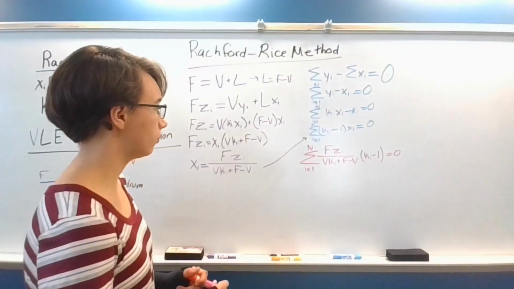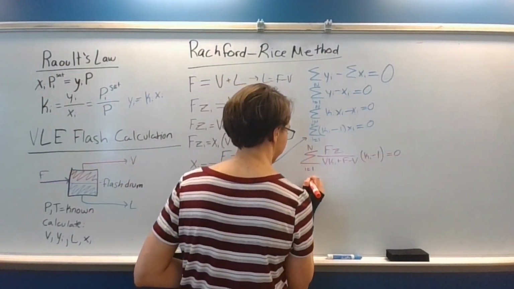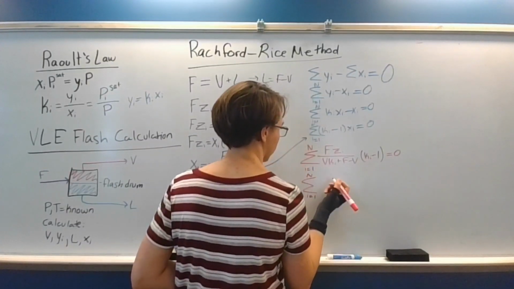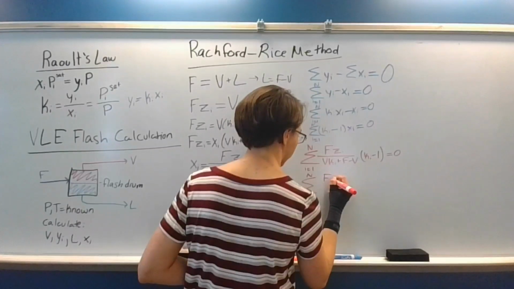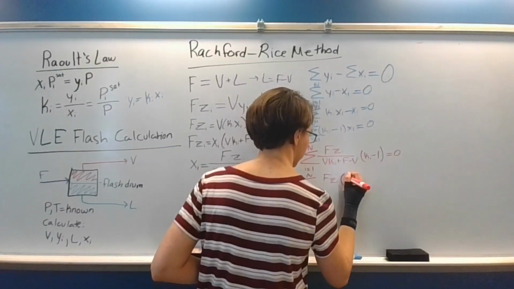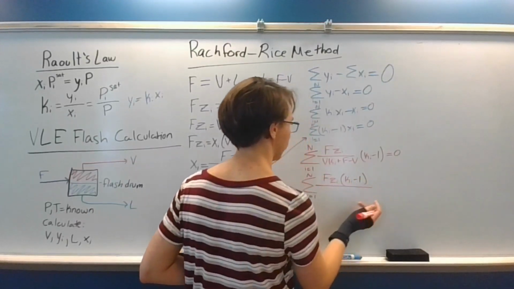Alright, and then there is a little bit more that we can do to simplify this. So first, solve the summation, and we'll still have feed times zi times Ki minus 1, and that will be over.